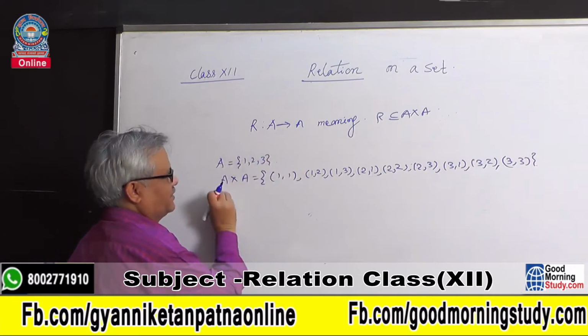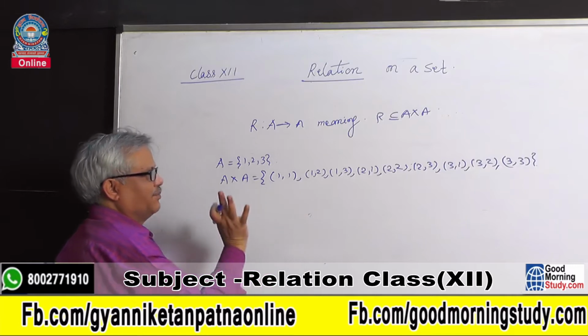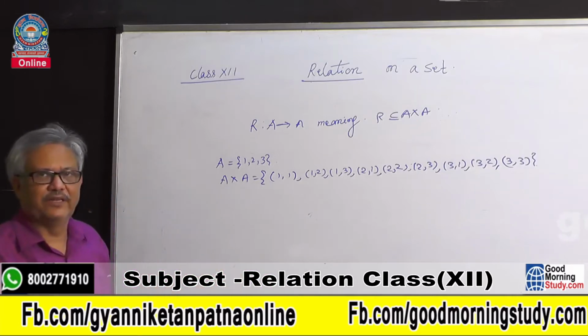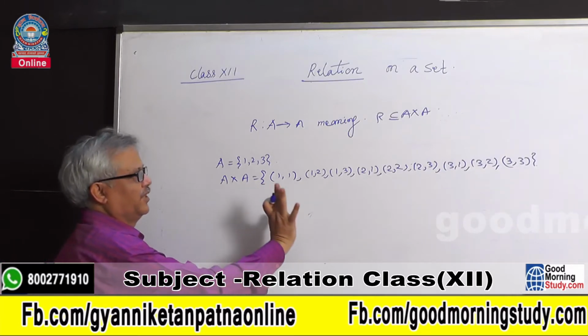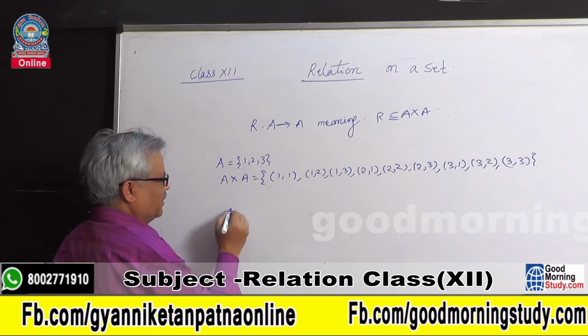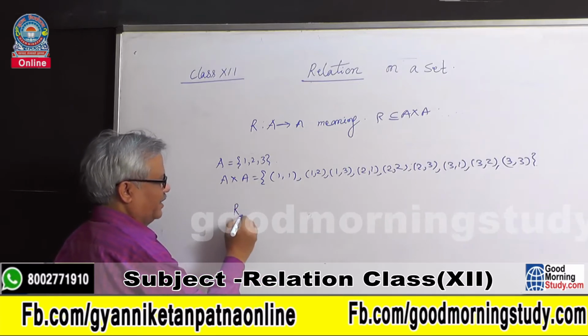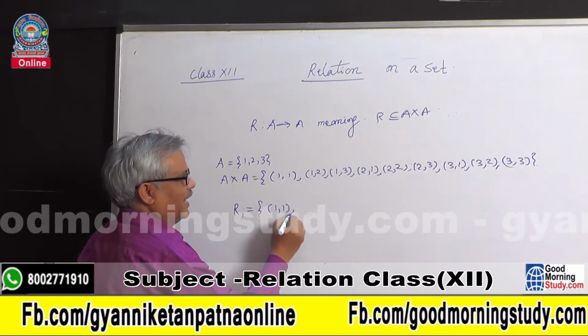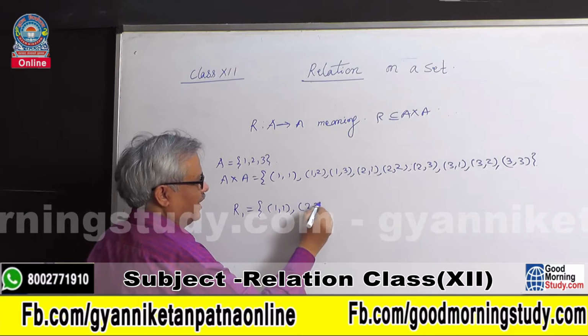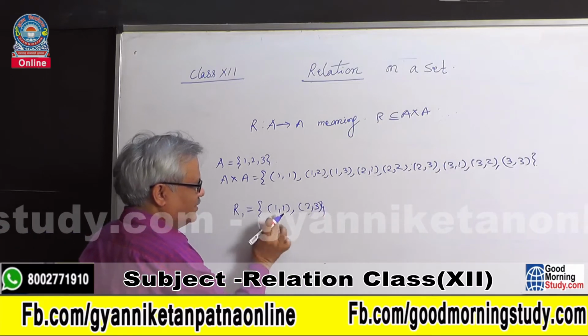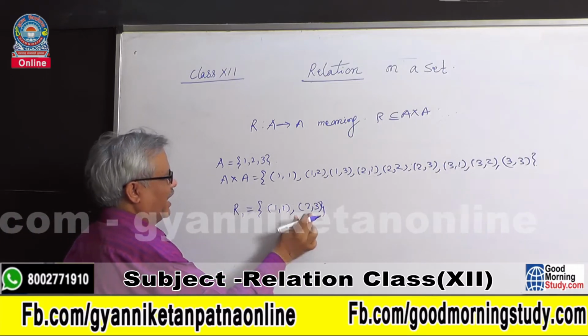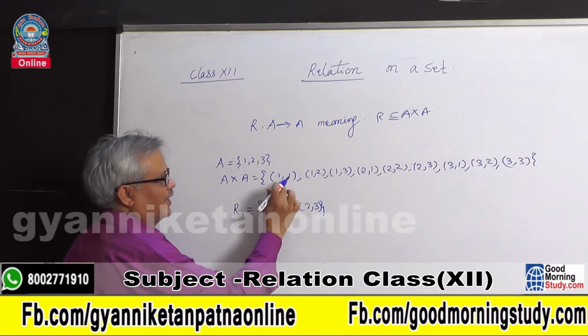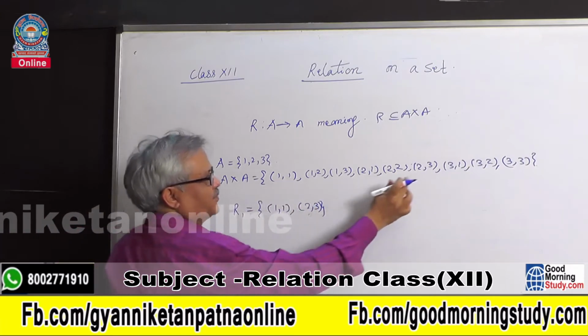So as many subsets are possible, that many different kinds of relation we can define from the set A to A. For example, suppose I write one relation, name it R1, that is (1, 1) and (2, 3). The two ordered pairs, the two elements here are from A cross A, that is (1, 1) is here and (2, 3) is from here.